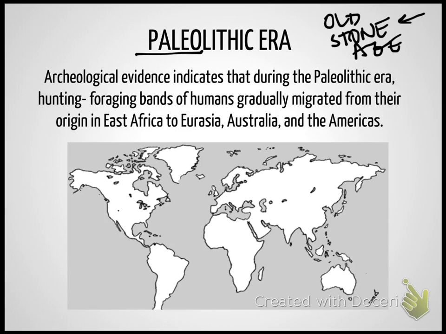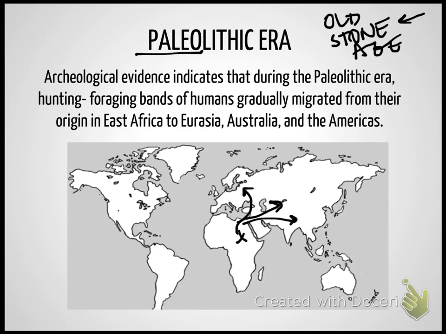Archaeological evidence indicates that during the Paleolithic, Old Stone Age era, hunting and foraging bands of humans gradually migrated from East Africa, moving out of this area and into these other areas, which was the first migration.